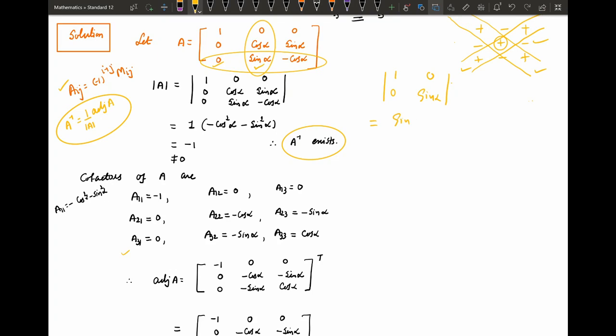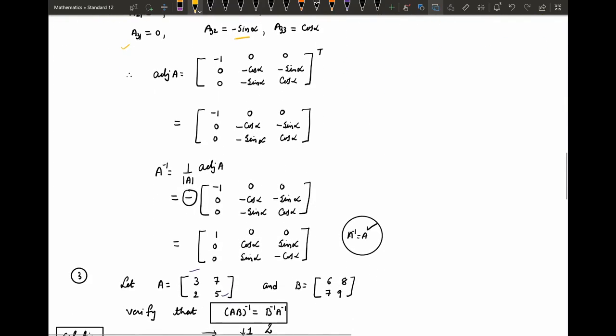So its value is sin alpha. This entry is in the third row, second column, A32, so minus 1 raised to 3 plus 2, the power is odd, so we have to give a minus sign. You can observe A32, and similarly A33 is cos alpha.